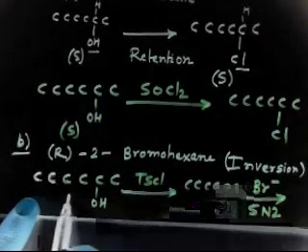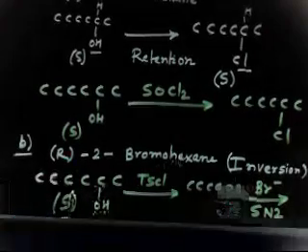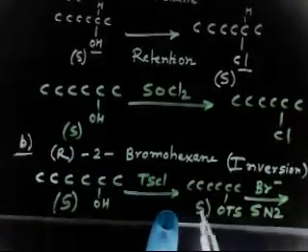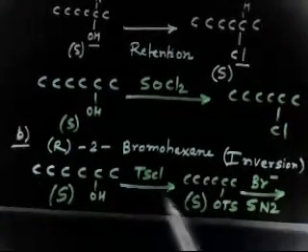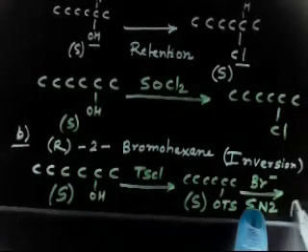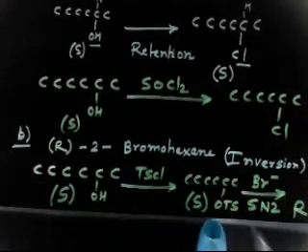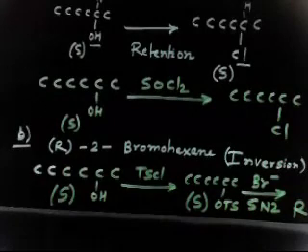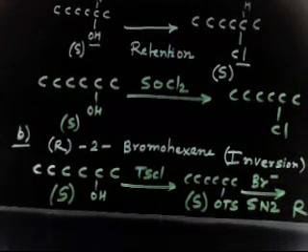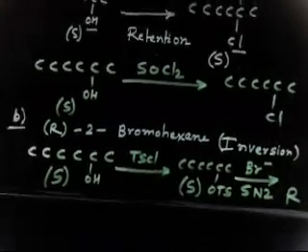Initially you have S, and up to here you will have S. No inversion; TsCl goes simply with retention. Now you will have R, because in place of OTs you have Br added. I can show you the same reaction.